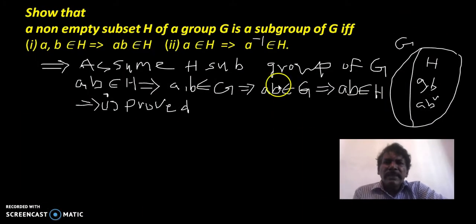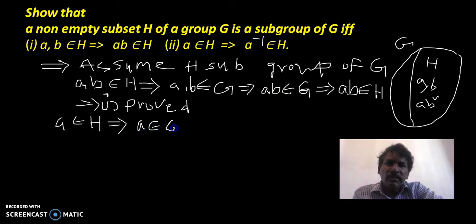Now let us take that if a belongs to H, then because H is a subset of G, a belongs to H implies a belongs to G also. But what is G? G is a group. So in a group, each and every element has its inverse. Therefore, a inverse must belong to G.